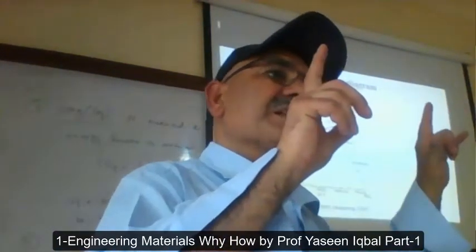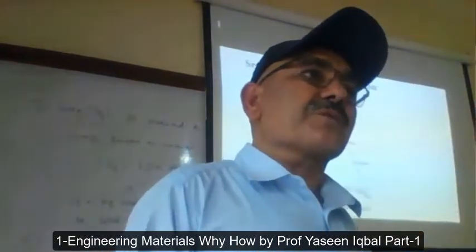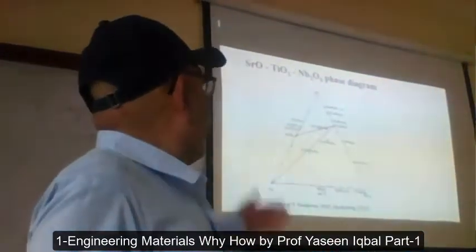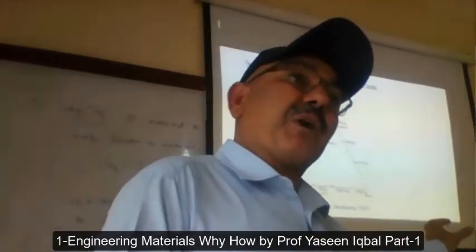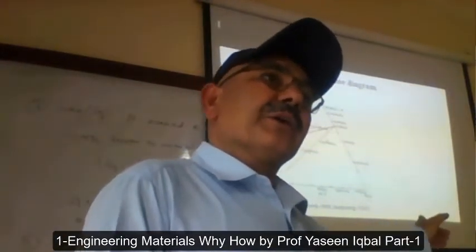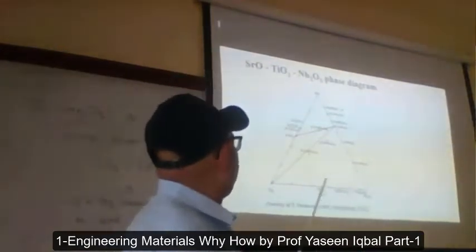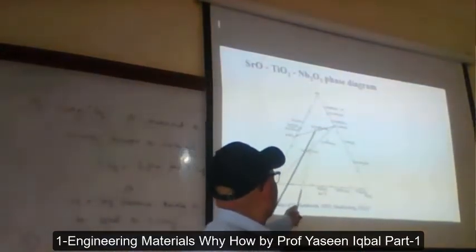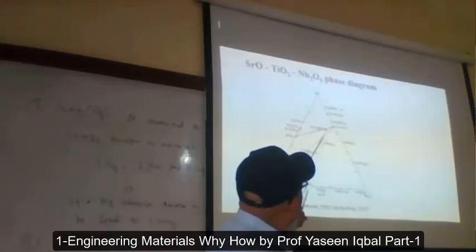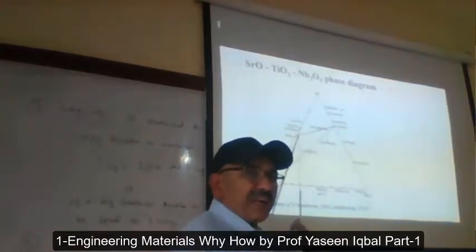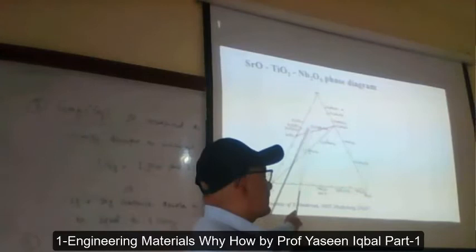And quaternary and ternary phase diagrams can also be introduced. And you check which phase can form. And again, for example, you are putting Sr6, Ti2, Nb4, and O20. Look at it. Calculate it.